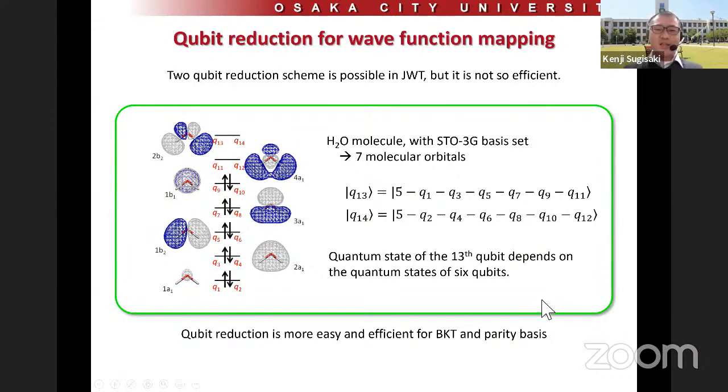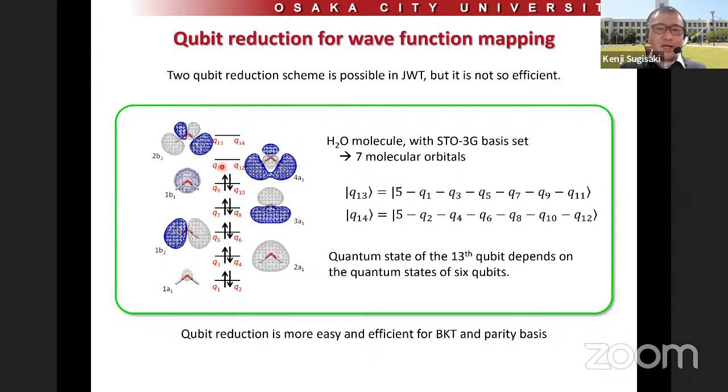Let us think about the water molecule with STO-3G basis. In this case, we have 7 molecular orbitals, and we need 14 qubits. But we can reduce 2 qubits, so we can map the wave function of this system by using 12 qubits. In this case, we can remove Q13 because the quantum state of Q13 depends on Q1 and Q3 and Q5 and Q7 and Q9 and Q11.